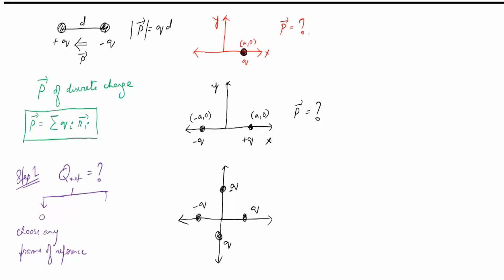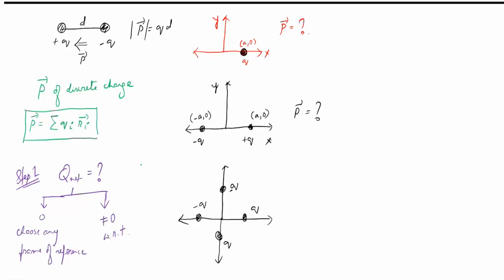Now, if the net charge is not 0, then in the question it will be mentioned with respect to which frame of reference you want to calculate. So, are you able to follow this?